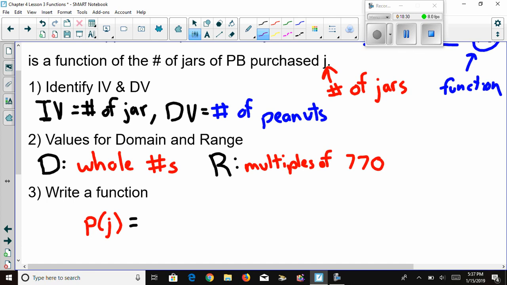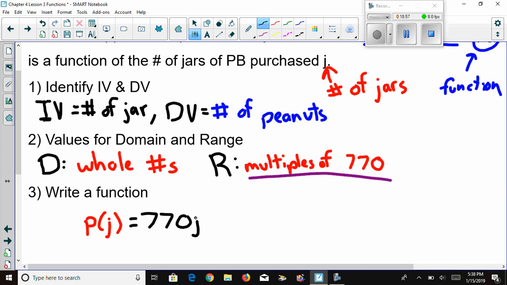We said that it was multiples of 770. That means I'm going to need to multiply. So I'm going to need to multiply 770 by my number of jars. Well, number of jars was represented by j.